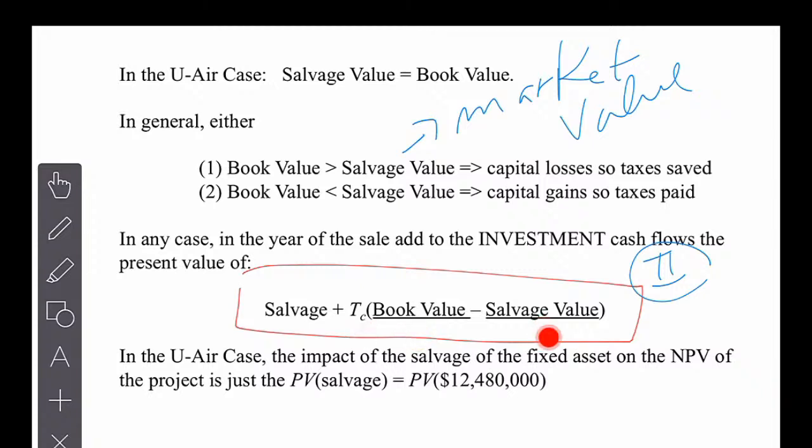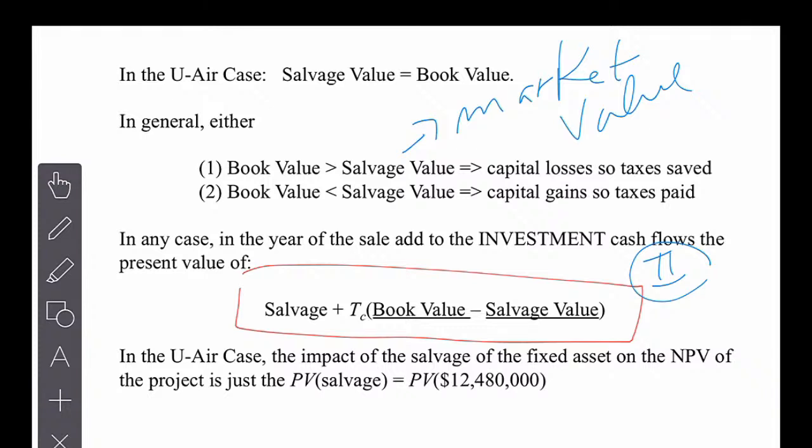So this number will be positive if the book value is higher, meaning you're not able to sell it for as much as you have in your accounting records. You haven't completely depreciated the value, and the market is going to give you less. So you get tax savings because of that, this being higher than that.